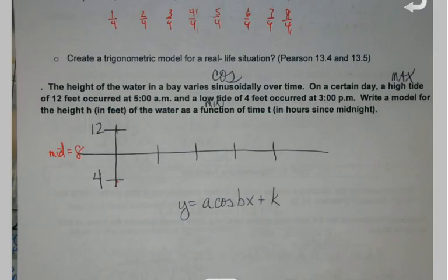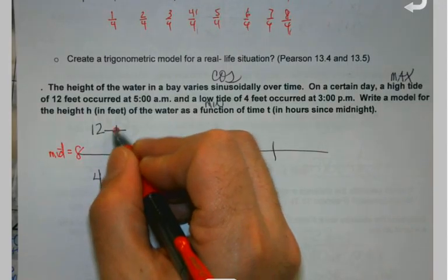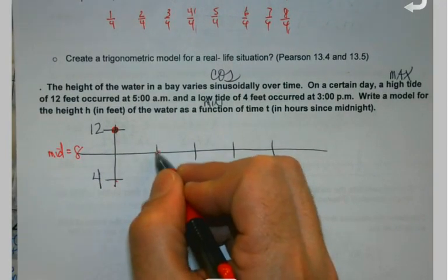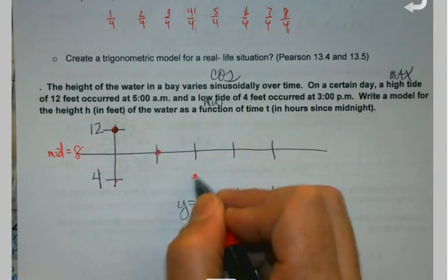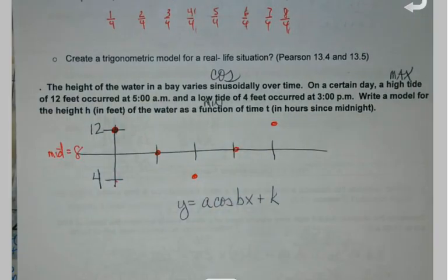So as I look at this, I go, okay, my midline's 8. Mercy, there's too many bells during these planning periods. My midline is 8, though. So if my max started here, I know it's going to go max, midline, min, midline, back to my max. That's what my curve will look like. So you're like, okay, I still don't see where this is going to help me, but I'll work with you.